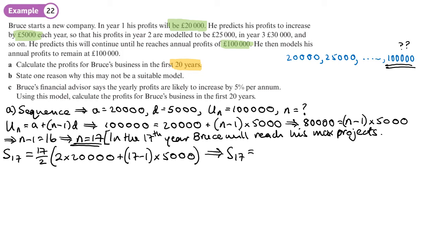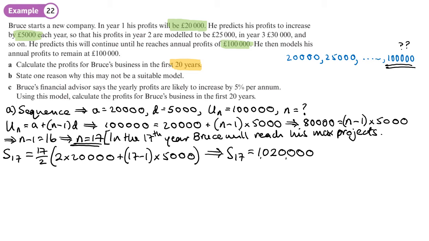If we work that out, we get, let's see, I think that's 1,020,000. Little tiny commas there. So that will be his profit in the first 17 years.